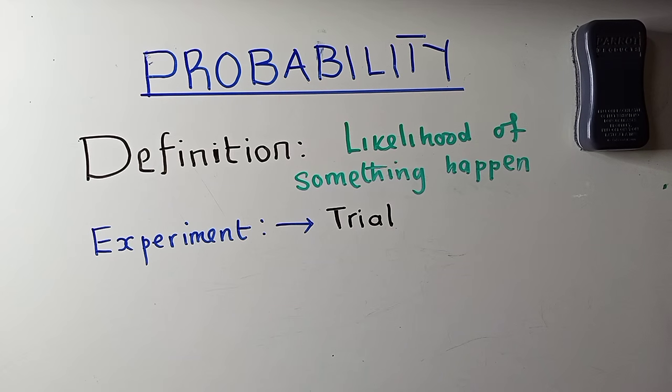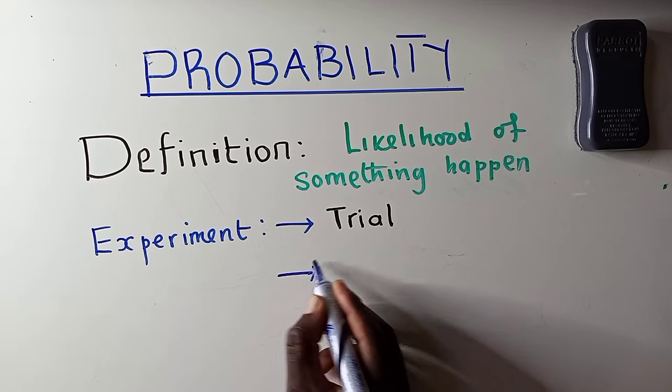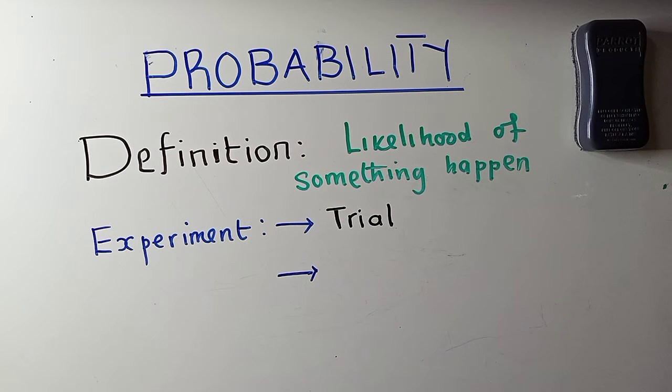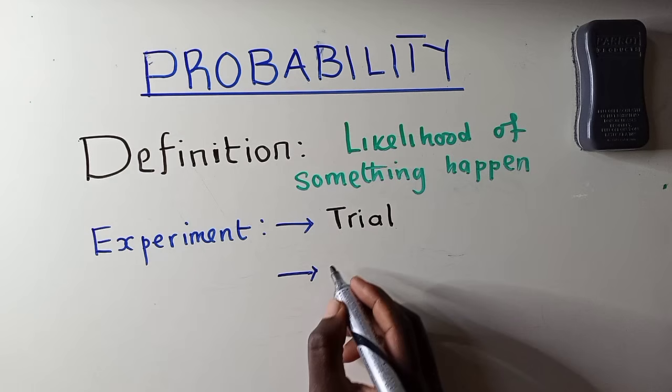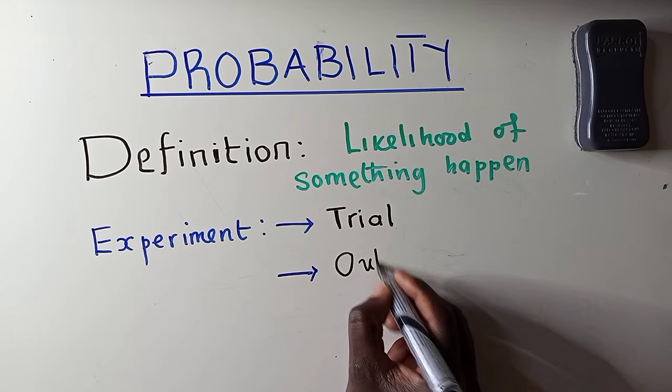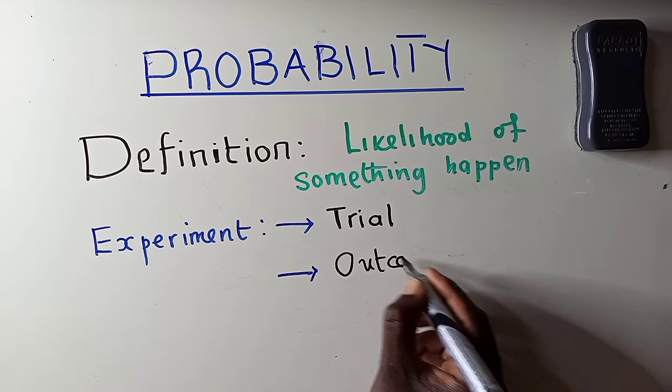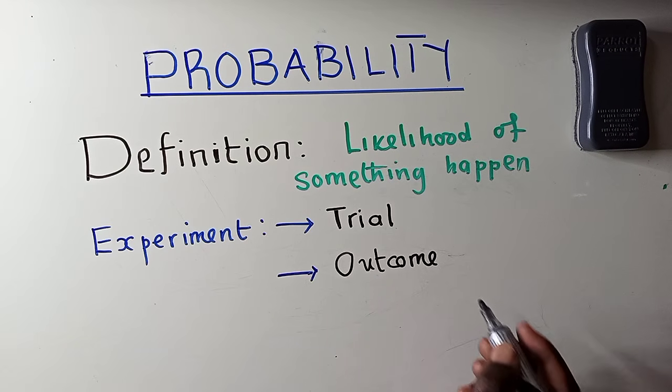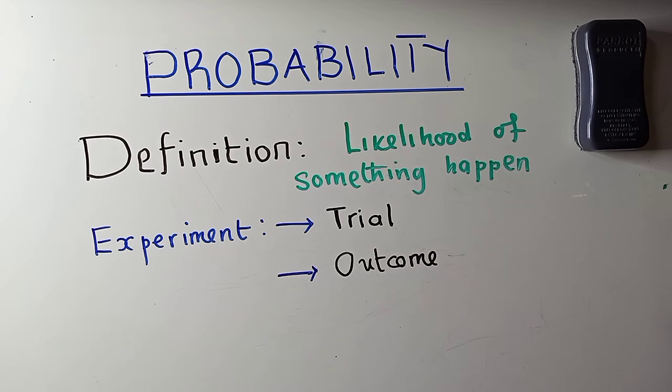And the outcomes or results that you get from the experiment that you're doing, we call it the outcome. So these are some of the things that you must be aware of.